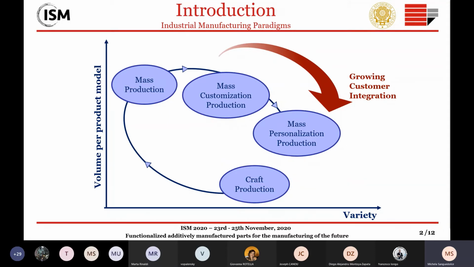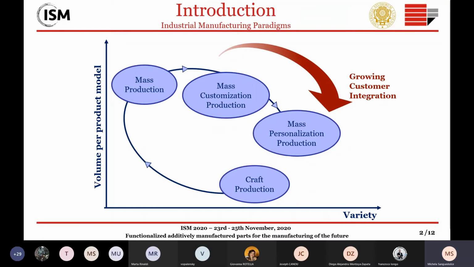The first one was characterized by a high level of product customization, but at high costs. The following third pillars will growingly involve and will improve the enrollment of the customer into the production process.